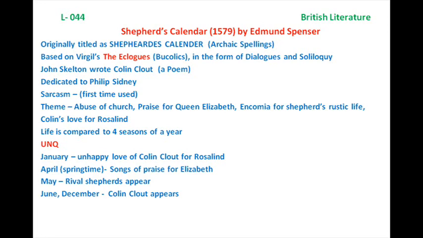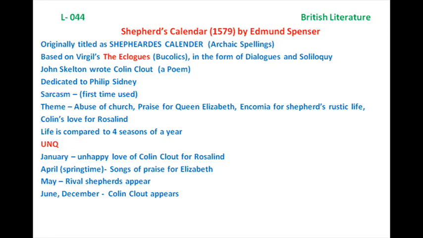So Shepherd's Calendar, published in the year 1579, is the first major work by Edmund Spenser, and structurally it is based on Virgil's eclogue. They are also called bucolics. And in this poem we see the form of dialogues and soliloquy, and it is a poem depicting the pastoral life of shepherds.